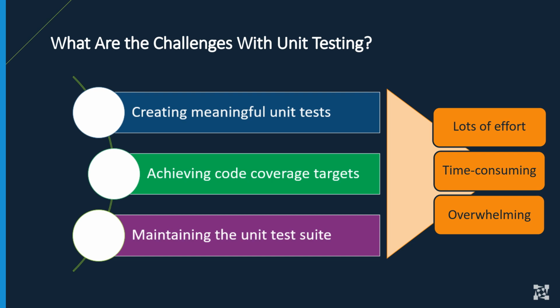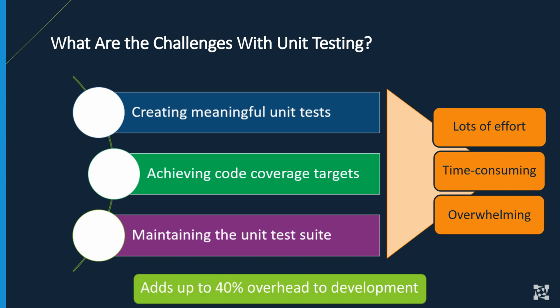So here, yeah, we have a metric here, up to 40% overhead to development. We've seen 40%. We've seen 75%, especially for a team that's dedicated specifically to writing unit tests. And that's kind of a red flag, actually.